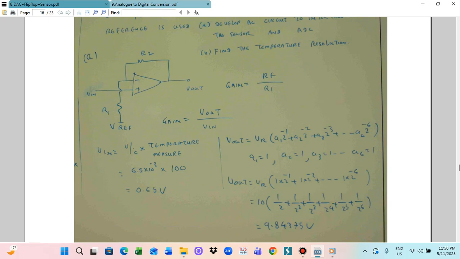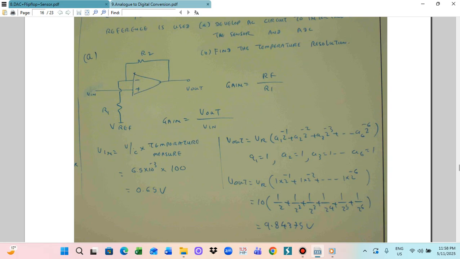So the Vout formula we can calculate. We use VR multiplied by A1 into 2 power minus 1 plus A2 into 2 power minus 2 plus A3 into 2 power minus 3, and so on. This is for the 6-bit system, so you can add up to A6 into 2 power minus 6.